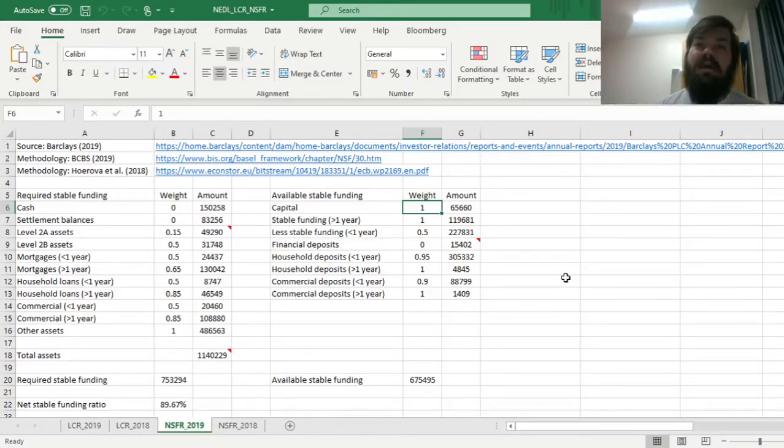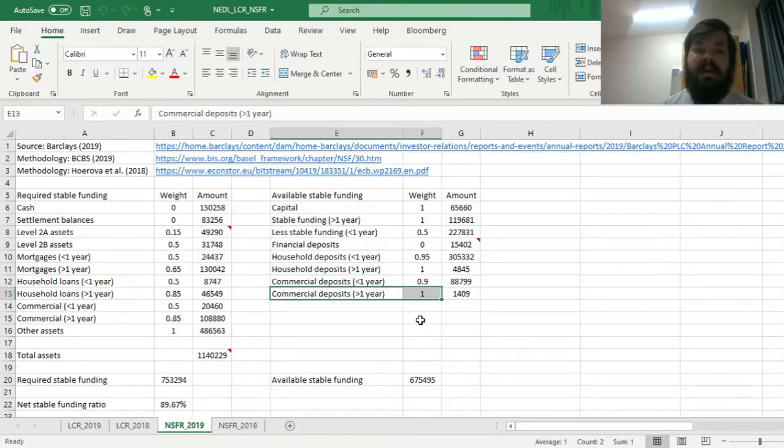However, there are also other disclosure items that go into available stable funding with a weight of 1, which are various sources of debt with a maturity of greater than 1 year, as well as household and commercial deposits with a maturity of over 1 year.